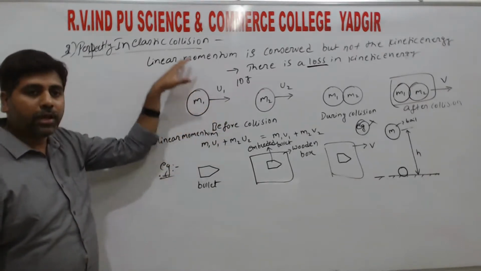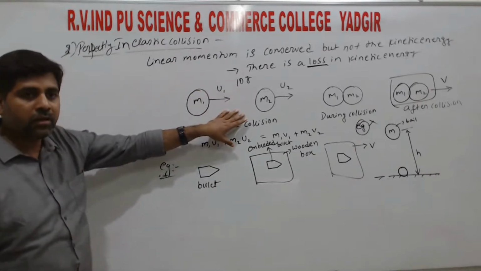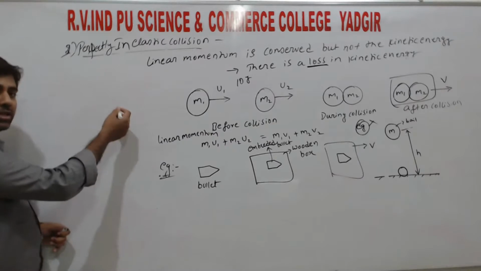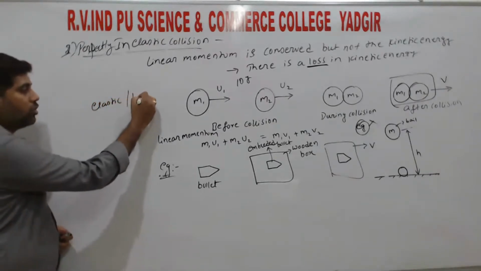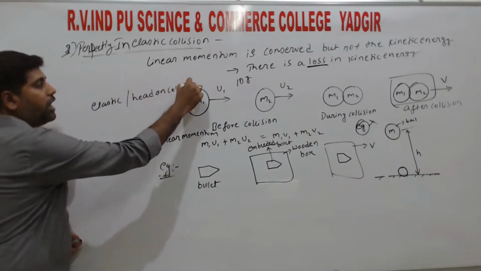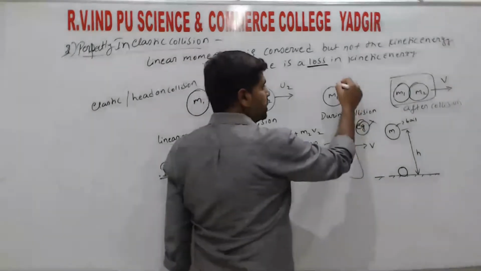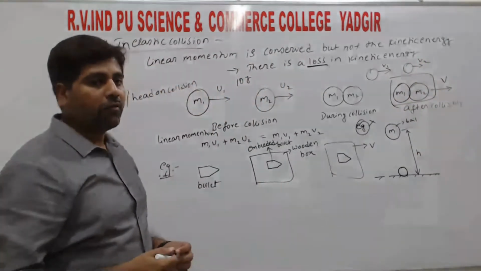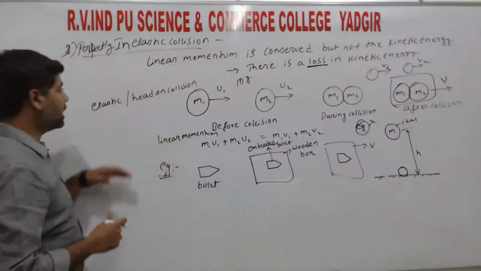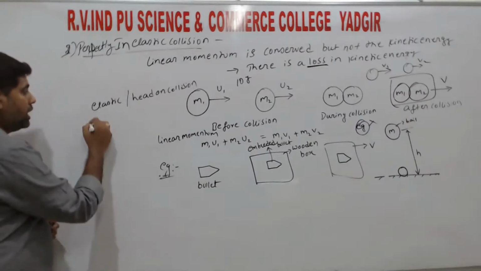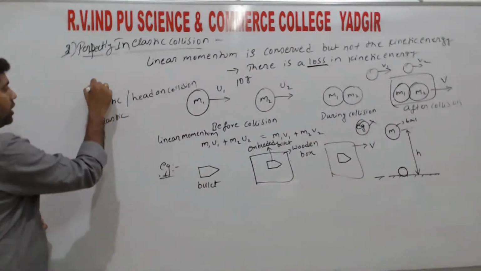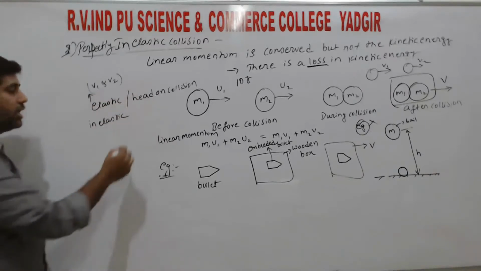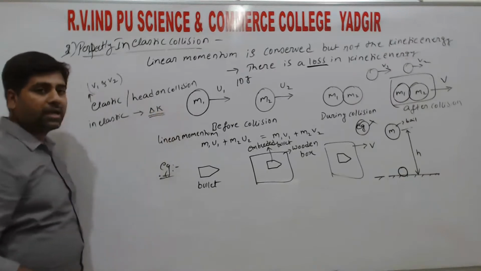For competitive exams, there are many derivations and many cases in these three types, right? But for the board exam, we have only elastic collision, which we call perfectly elastic collision or head-on collision. In a head-on collision, after colliding we need to find the velocities of the two objects, v1 and v2. We find these two velocities through derivation. There are some cases there too. In elastic collision, we need to derive the relation for velocities v1 and v2 after collision. In inelastic collision, kinetic energy is lost, which we take as delta K, the change in kinetic energy.